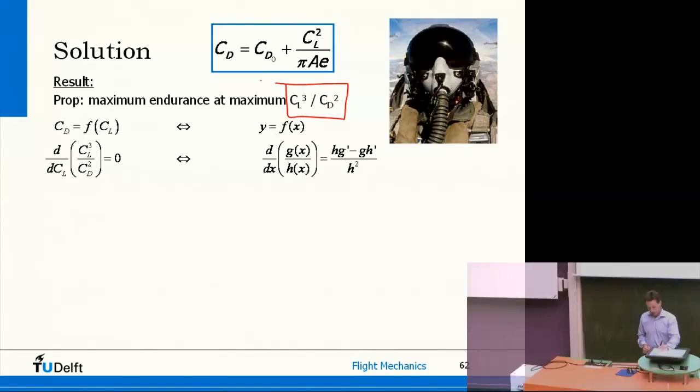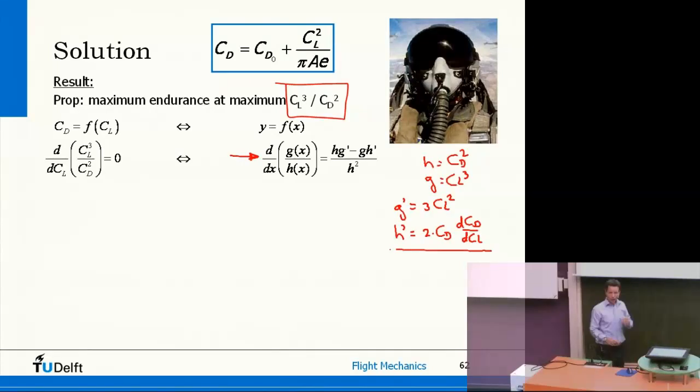So if I take the derivative of G, it's 3CL squared. And if I take the derivative of H, it's 2 times CD. But because CD is a function of CL, then according to the product rule, it's equal to this.